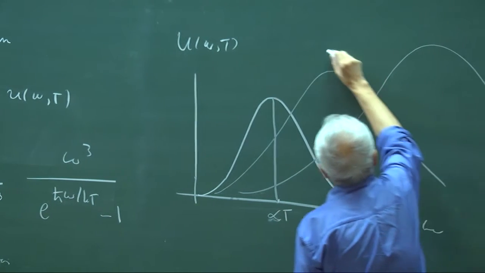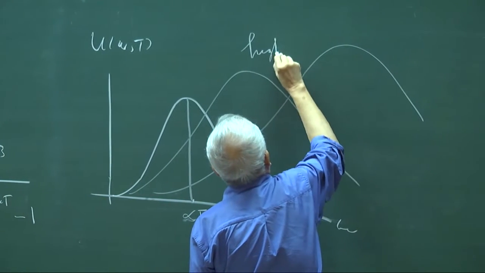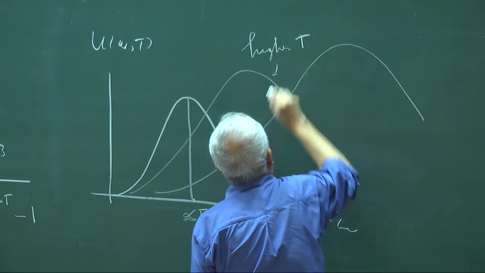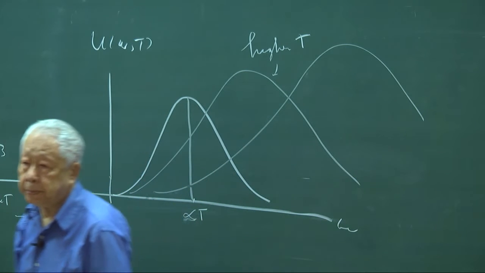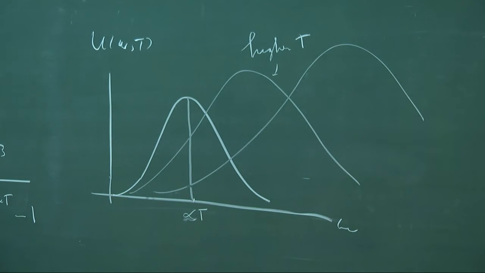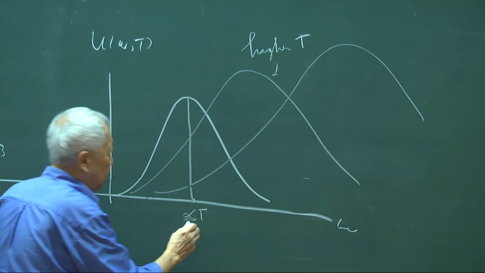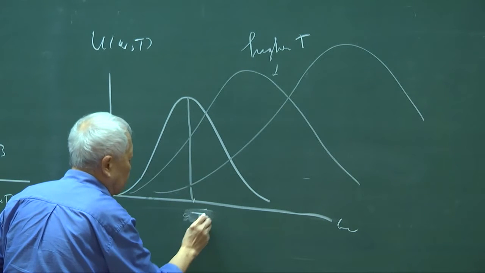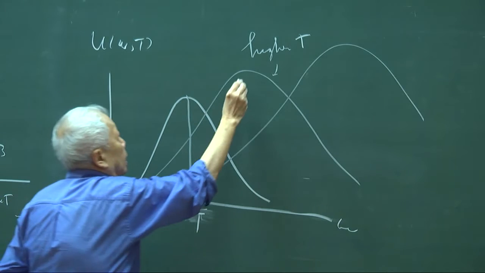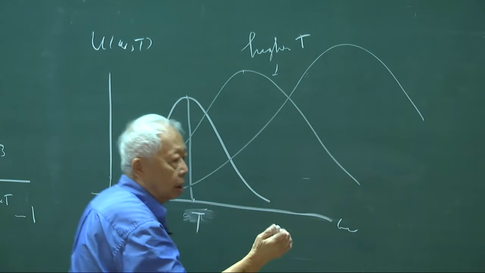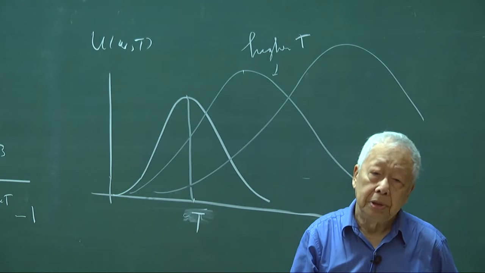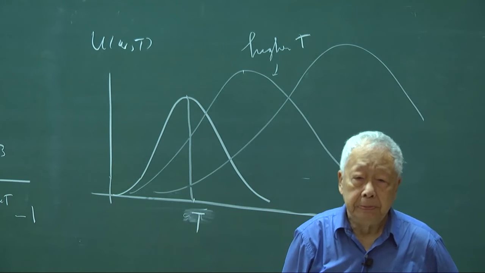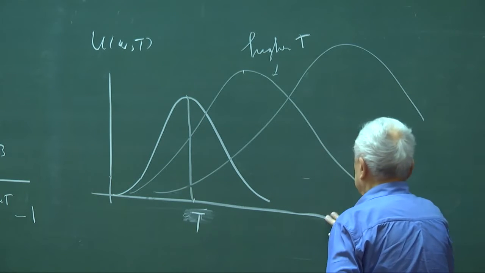This is higher T. And the total area here goes up like T to the 4th power. And it is because of this that, by looking at the frequency of light from an oven, you can tell the temperature. That's the principle for pyrometry.